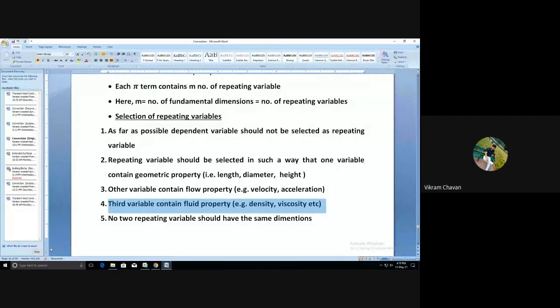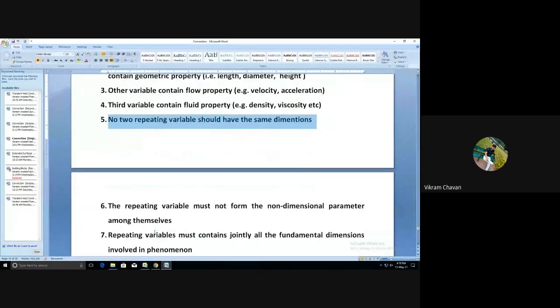Example, density, viscosity, etc. Then the next rule is that no two repeating variables should have the same dimensions.